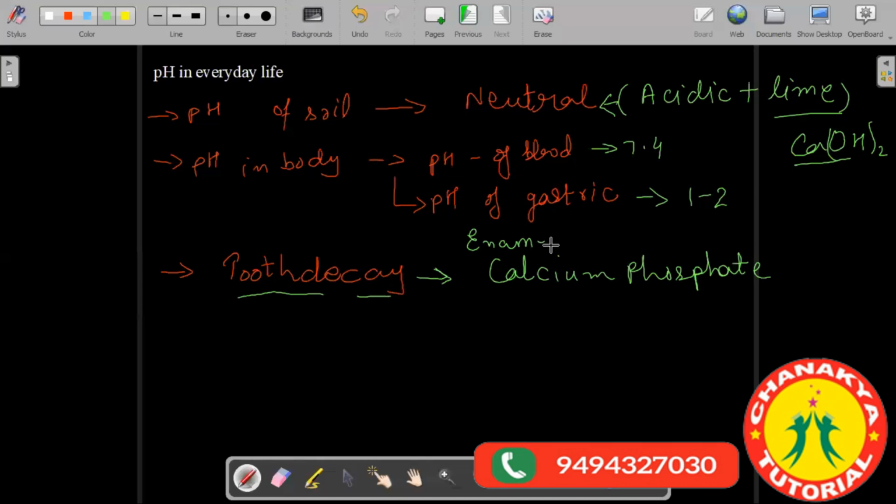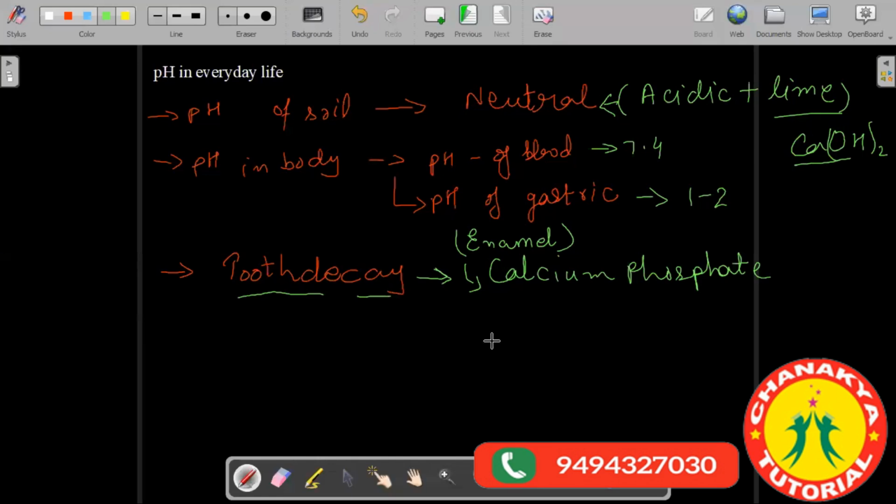The enamel of the teeth is mainly made up of calcium phosphate, and enamel is the hardest substance in our human body, harder than bones. So this enamel is calcium phosphate, and as you know, this is a salt of a metal, which is calcium.